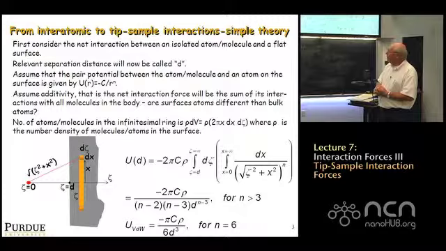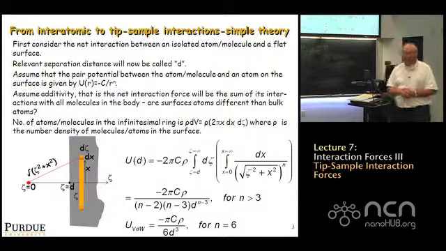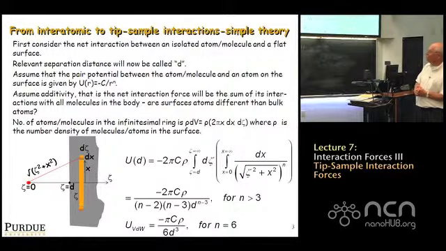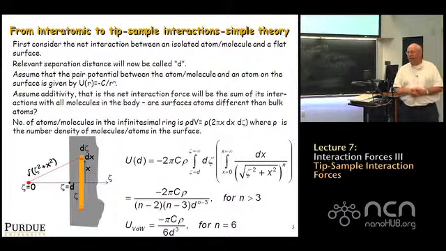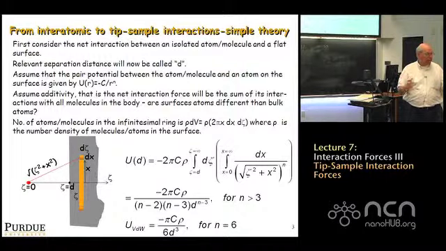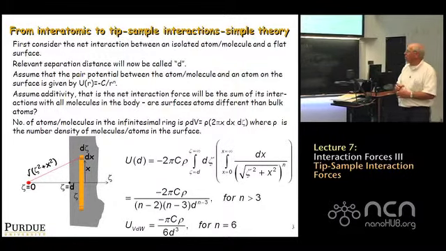That's the relevant separation distance. We're going to assume that the atom or molecule interacts with the atoms in the substrate by an interaction potential, modeled as minus a constant C divided by r to the n, where n is an integer. At the end of the day, we're going to let n equal 6, because that's what we found for the van der Waals interactions.